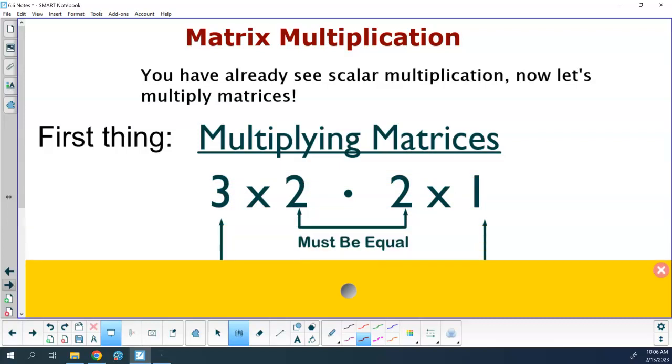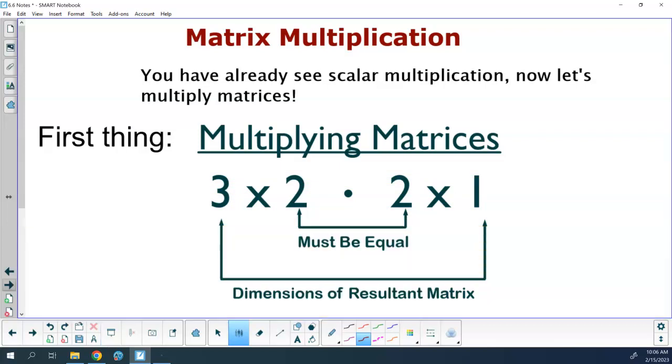The way that you make sure that you can do it is you have to look at the dimensions in order, left to right. Because, just so you are aware, order matters.